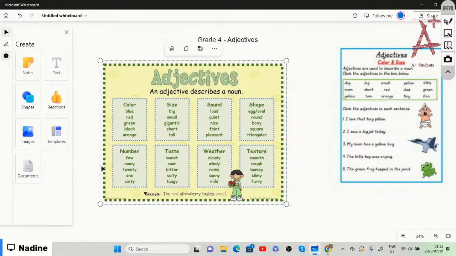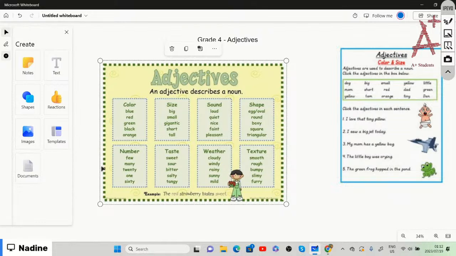For the weather, we can say it's a cloudy day, a rainy day, or a summer rain day. That is how we are describing the day. Or we can describe the texture. It can be a bumpy road, a furry jacket, or a smooth something.